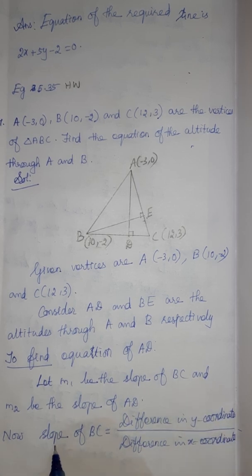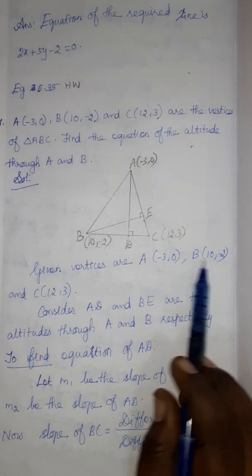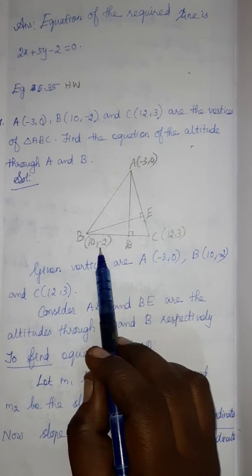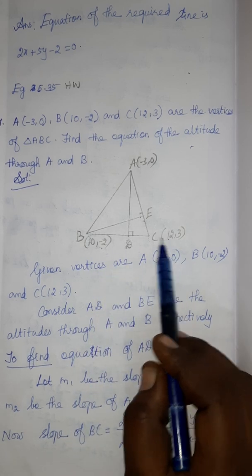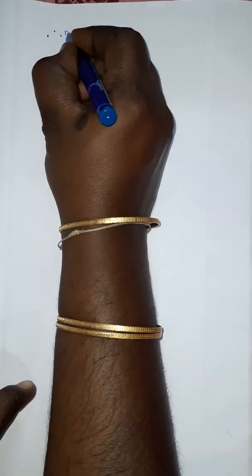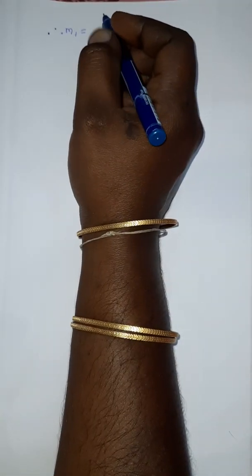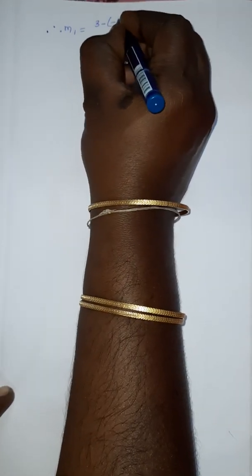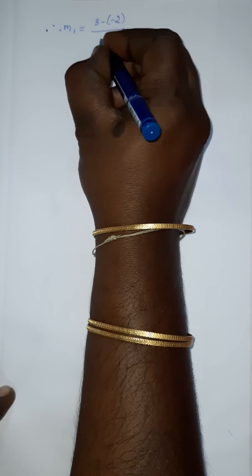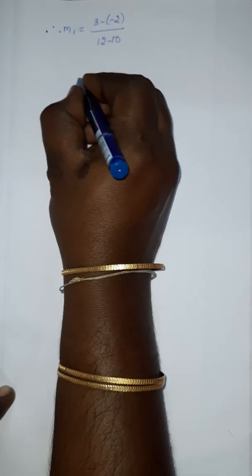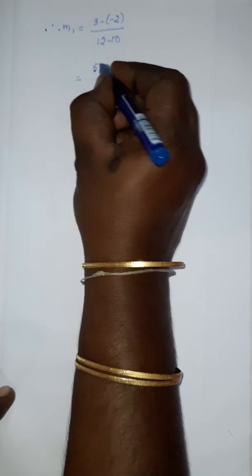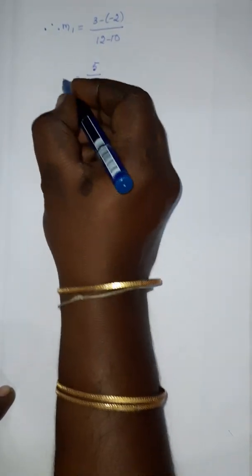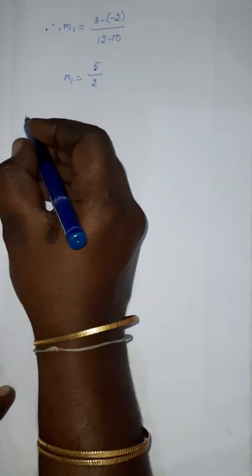The slope of BC we took as m1. So m1 equals difference in y coordinates, this is B and C, so 3 minus (-2) divided by 12 minus 10. Which is equal to 3 plus 2, that is 5, divided by 12 minus 10, which is 2. So m1 equals 5 by 2.